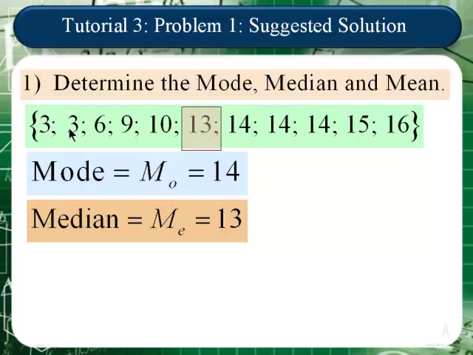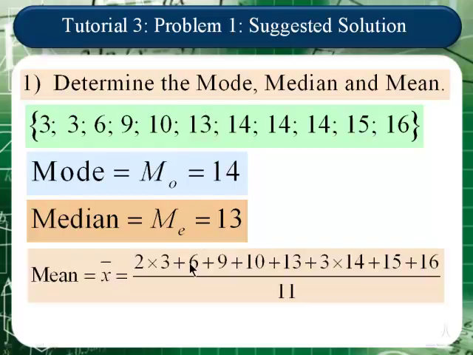If you count this, you have 1, 2, 3, 4, 5, 6, 7, 8, 9, 10, 11 observations. So there will be 5 to the right and 5 to the left. Or you could say 11 plus 1 divided by 2 is 6. So the rank for the median, which of course is percentile 50, must be 6. The data value in position 6 is therefore the median.